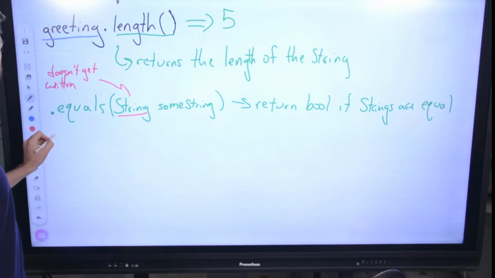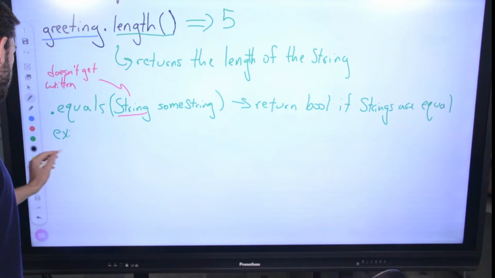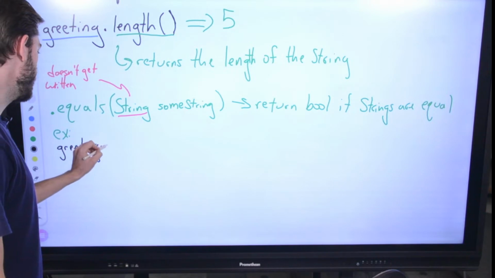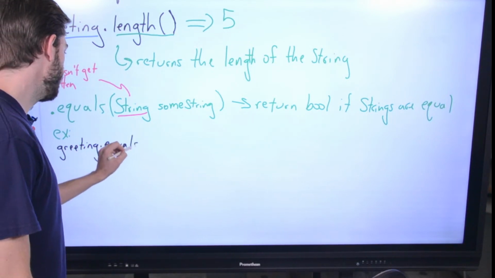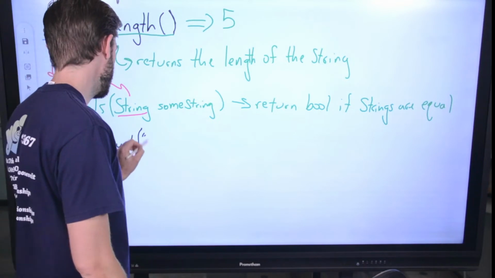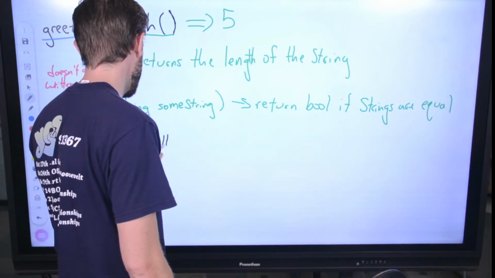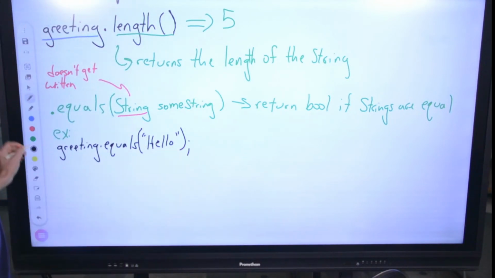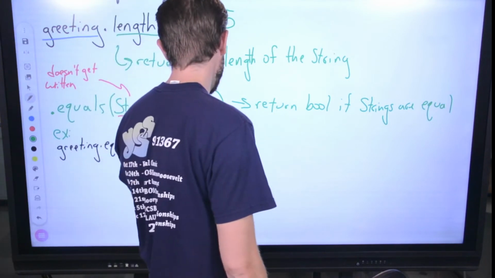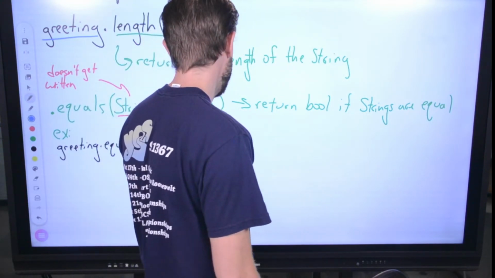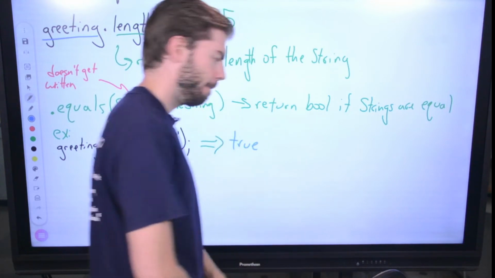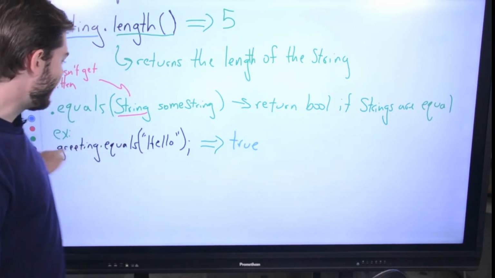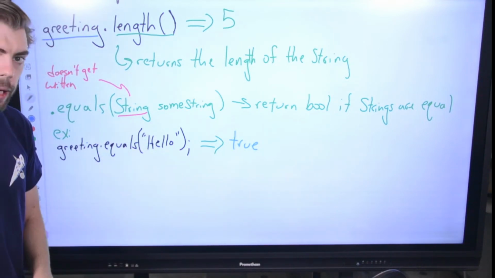An example of this: greeting dot equals hello. What would this give me? It would return true. So greeting.equals returns true. So I could save the result of this into a Boolean.